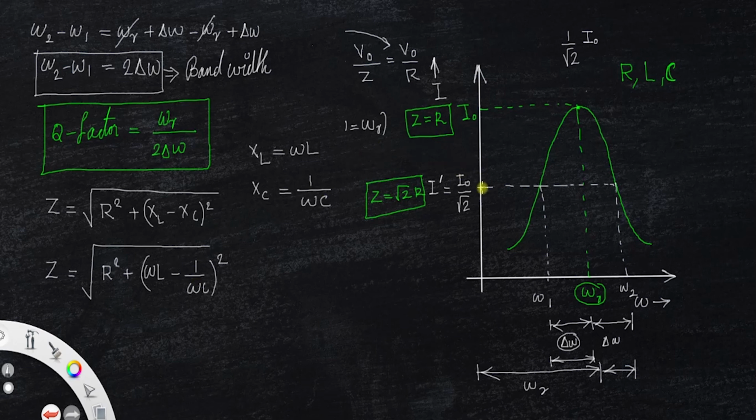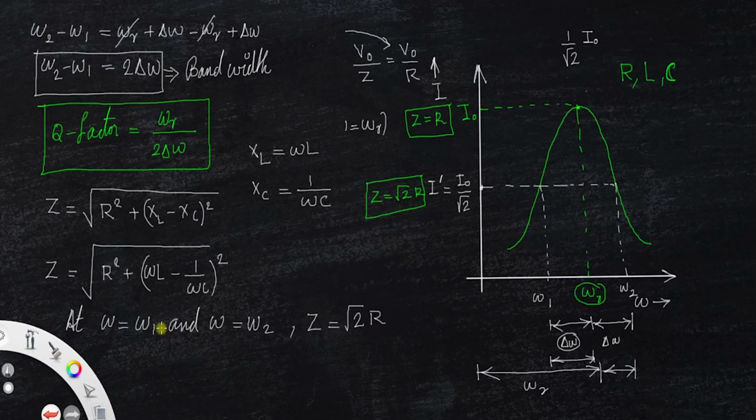Now, at this value of current, that is at I dash, we have the angular frequencies omega 1 and omega 2, that is at omega equal to omega 1 and omega equal to omega 2. We have Z equal to root 2R. I already wrote that, but for this derivation I will write it again.